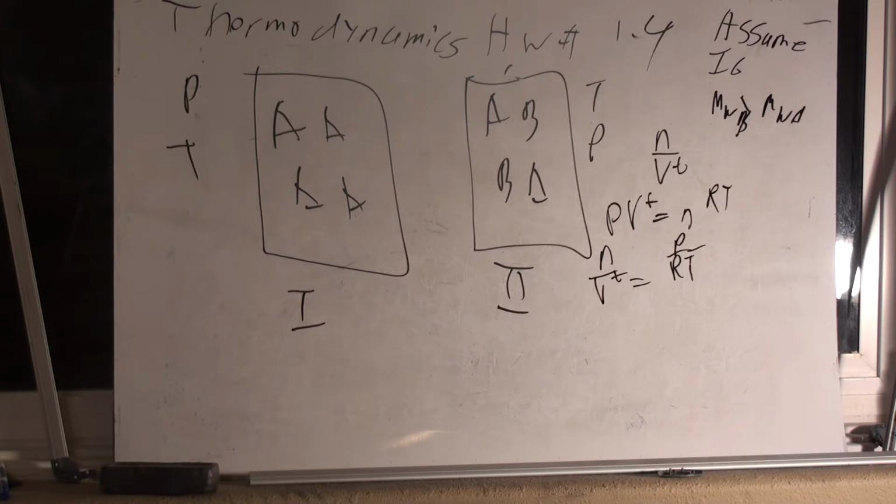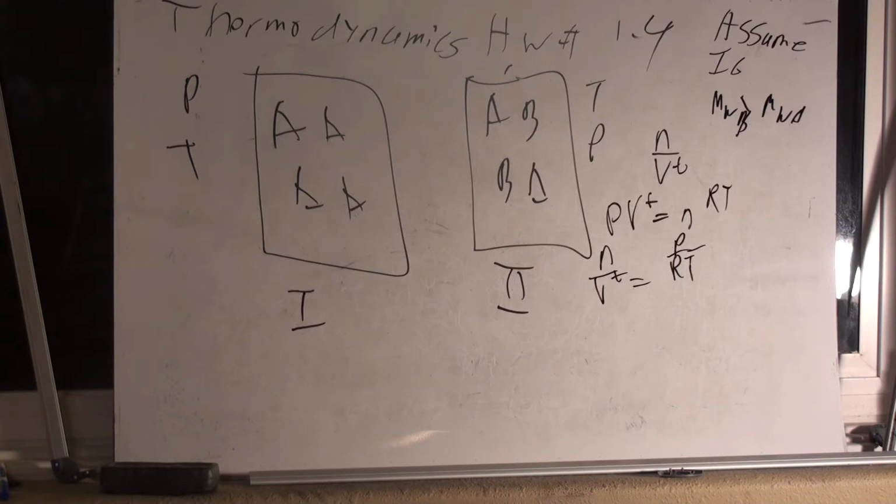And the B thinks the exact same thing. But the A in the first system thinks the exact same thing. The perspective of A has not changed in between the two, and neither has the perspective of B. The perspective of B is, I'm the only thing in the universe. So it doesn't matter that there's A and B versus A and A, because they don't see each other. All that matters is what the ideal gas equation of state says, and they say the exact same thing.